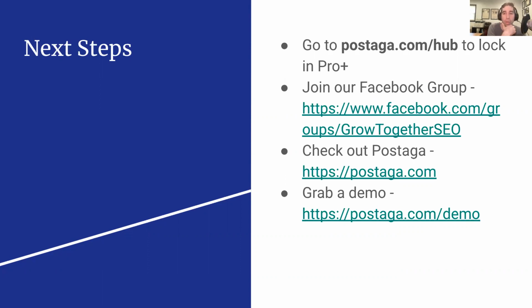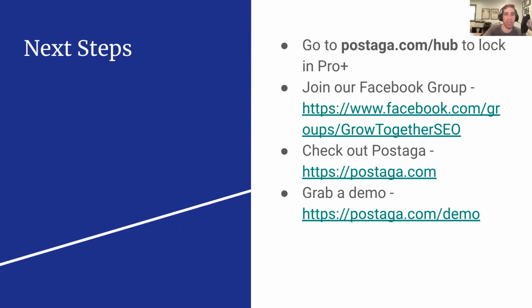And can you restart the campaign generator if you've made a mistake with selecting categories? Reach out to us on support, that's support@postaga.com, if you want to rerun the campaign generator. If this is a feature that a lot of people are asking for, we'll build that in.